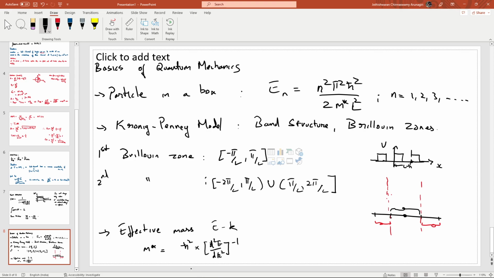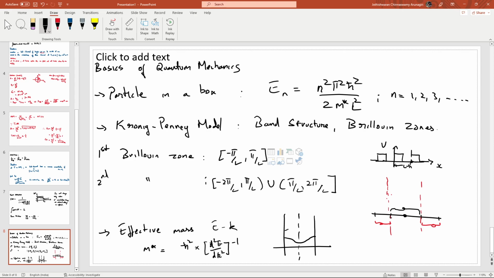Is that clear? Yes, sir. Okay. Now, because of this, in the KP model, what will happen to the effective mass at the middle of a band? Let me consider the reduced picture. Our first Brillouin zone will lead to a band formation like this.